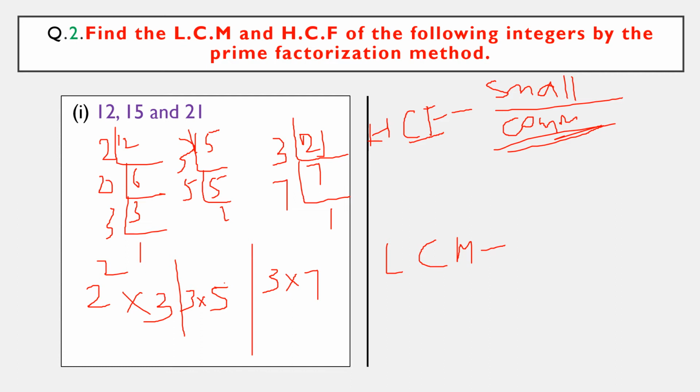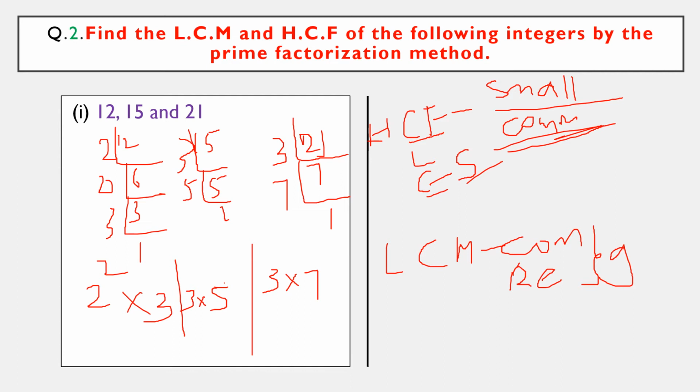For finding the LCM, first write the common things, and then the remaining things. Whatever remaining things are there also come under your LCM. But here you should write the greatest power. So for HCF, remember common, smallest. LCM means from the common things the greatest, and also from the remaining things the greatest. In HCF, only from the common things, not about the remaining things, only the common smallest power.